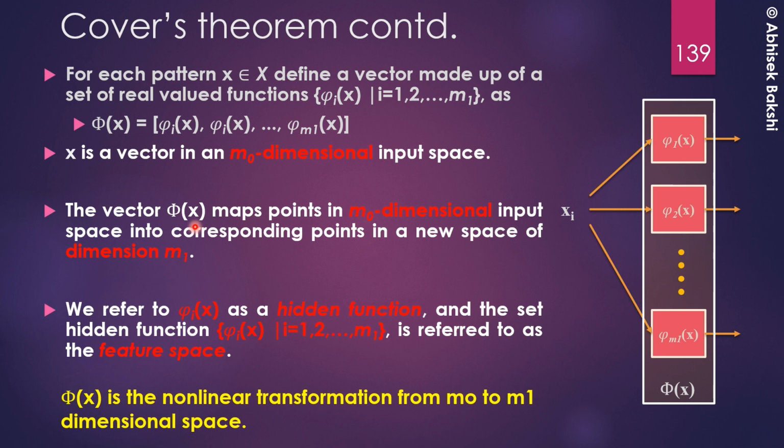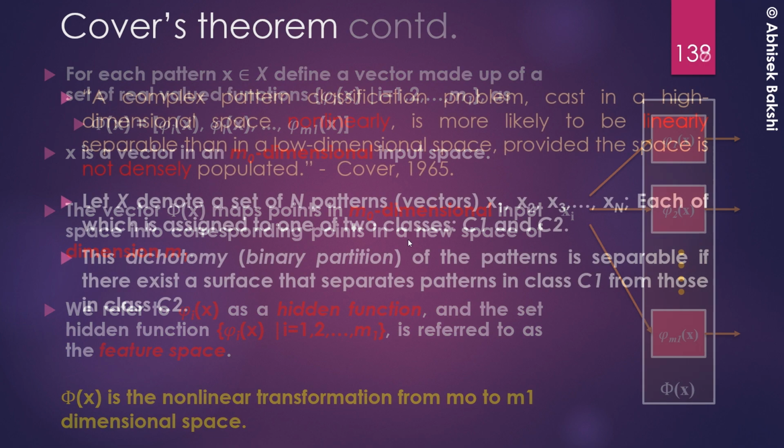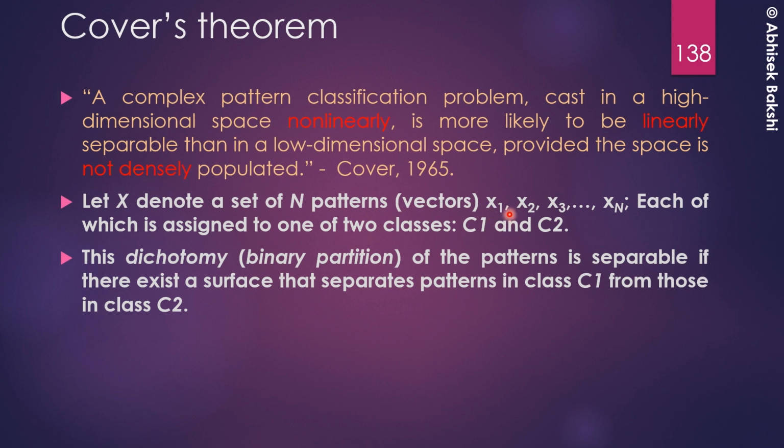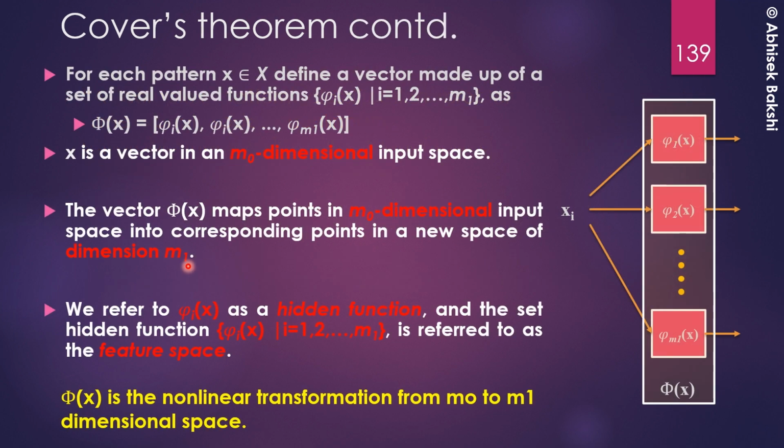How is it mapping? Each and every element, say x1, is of m0 dimension space. I am mapping x1 of m0 dimension space to the corresponding m1 dimension with the help of phi(x). Why? Because the number of elements present in phi(x) is m1.